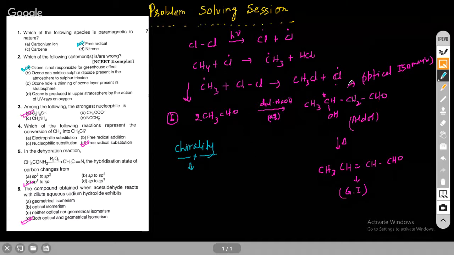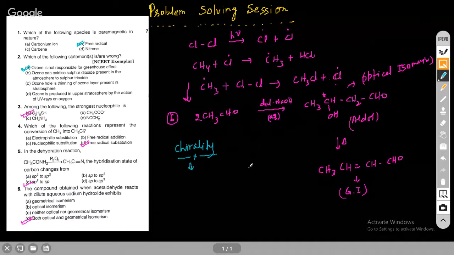Now, since this molecule contains one chiral carbon, right? We are not discussing the chirality thing here. We are saying the molecule contains only one chiral carbon and hence it is optically active, right? So presence or absence of chiral carbon is not the condition. Okay, there is a difference between these two.